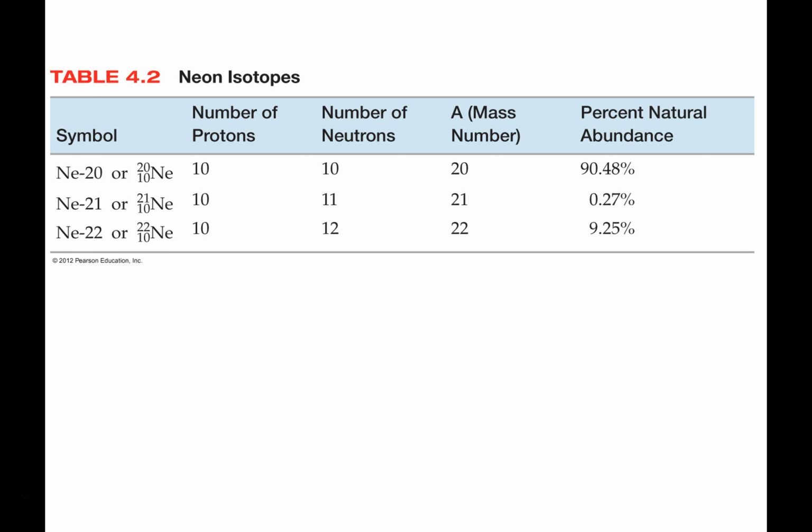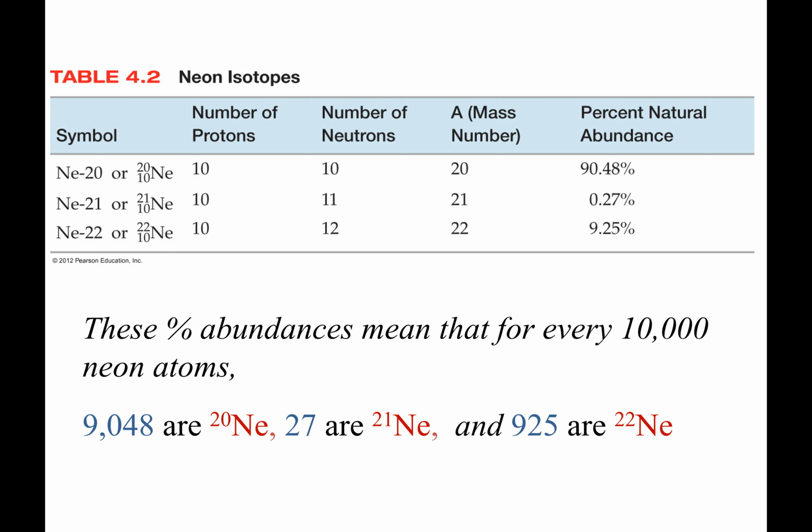Okay, less abundant, and the least, oh wait a minute, excuse me, I guess the second most abundant would be neon mass number 22. It must have 10 protons because it's neon, and this one has 12 neutrons. So we have those three. Again, if you scaled not 100 atoms but 10,000 atoms, this is how many of each of these isotopes you'd have.